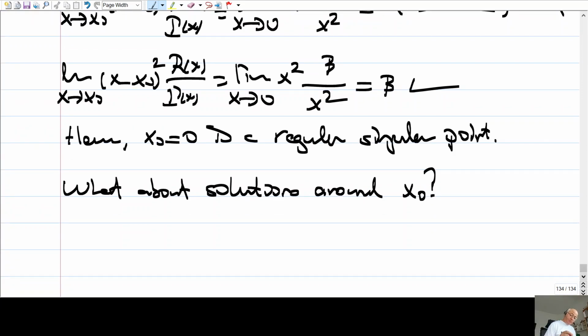If you want to study how the solutions look like, how they can be obtained and so on, that's not an easy job. That involves a careful study of this variable change.